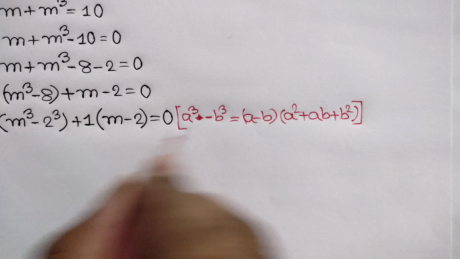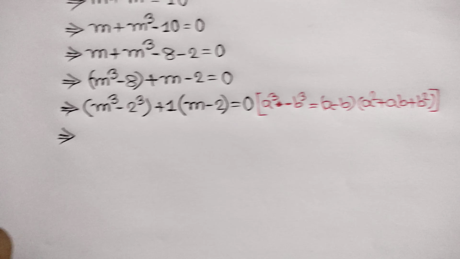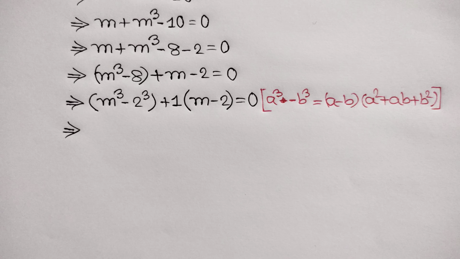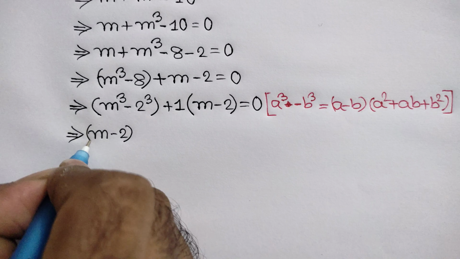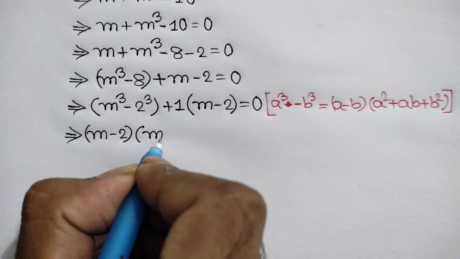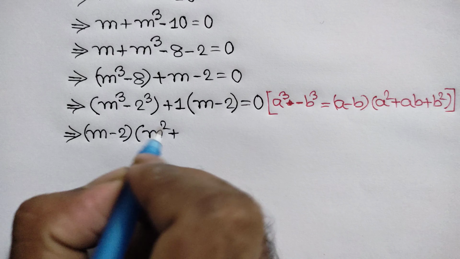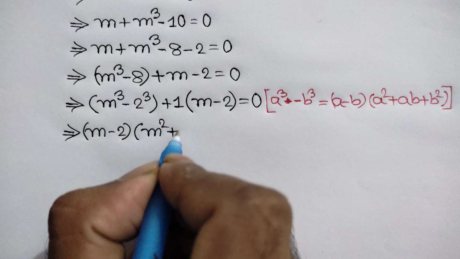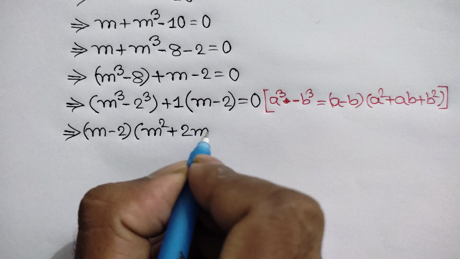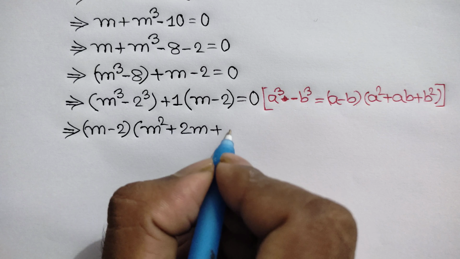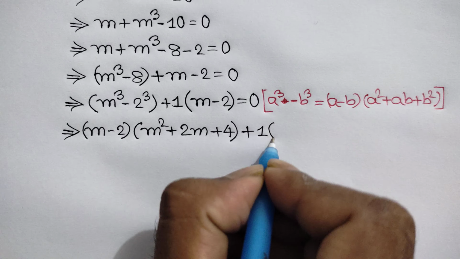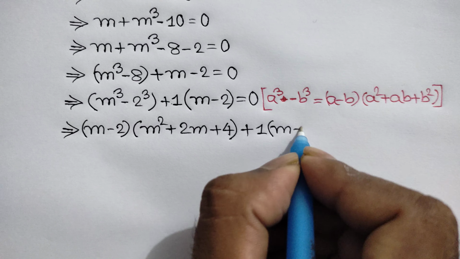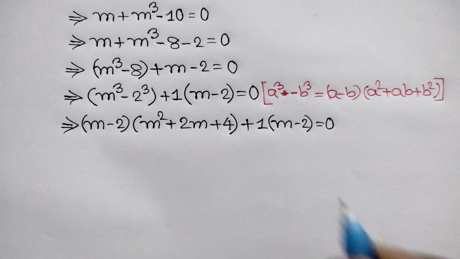Now here we can use this algebraic formula, so we can write here m minus 2 times m square plus m times 2 is twice m plus 2 square, that means 4, plus this 1 times m minus 2 is equal to 0.